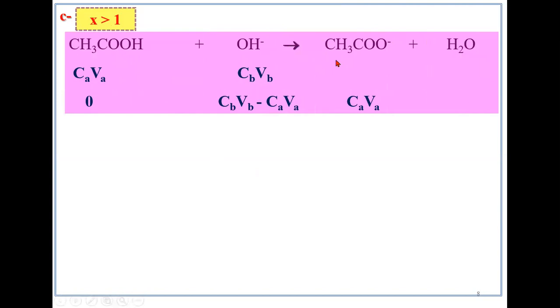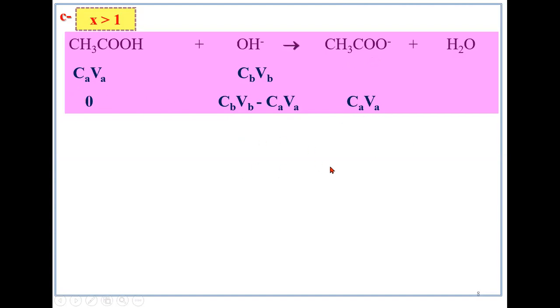Again, we have the same equation, CAVA for the acid, CBVB for the base. But now, if I'm after equivalence, that means my base is in excess. My acid is limiting, so it's going to tend to 0. The leftover base will be CBVB minus CAVA. The produced acetate will be the limiting reagent, which is CAVA.